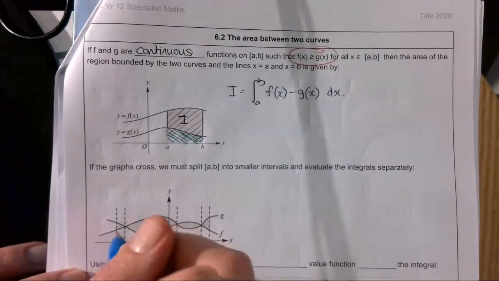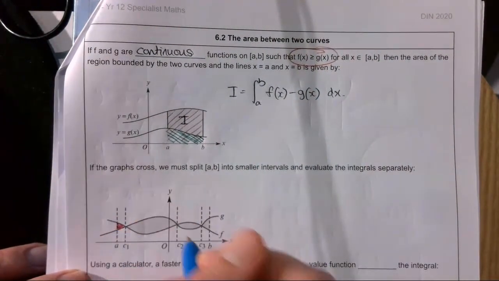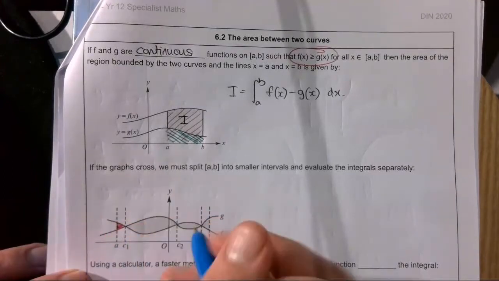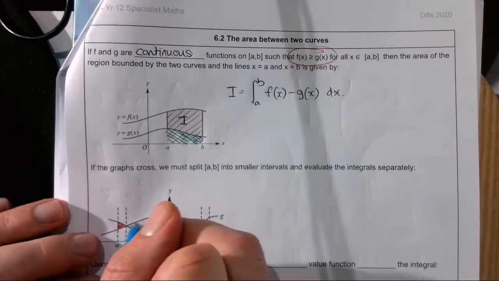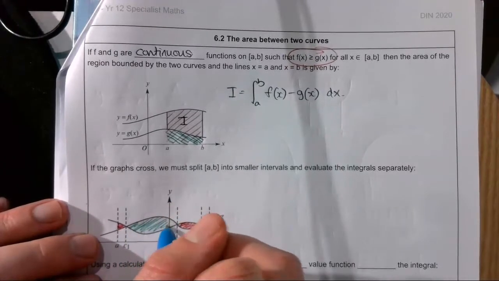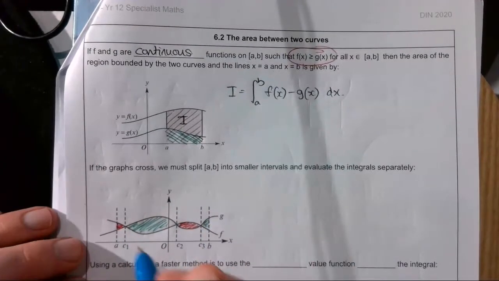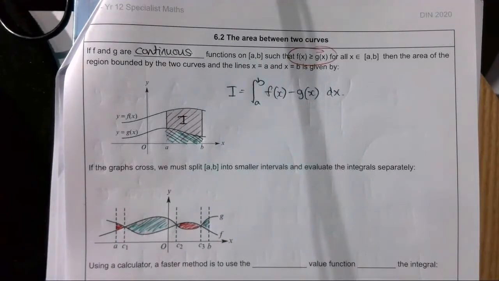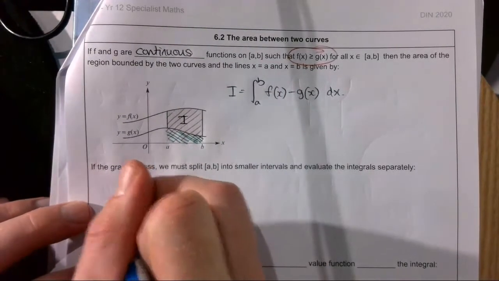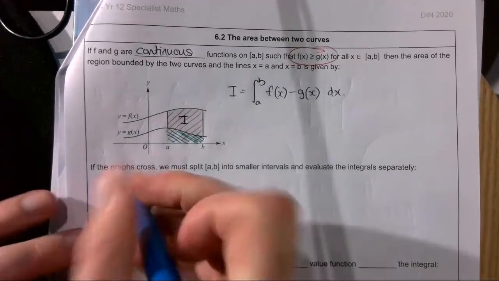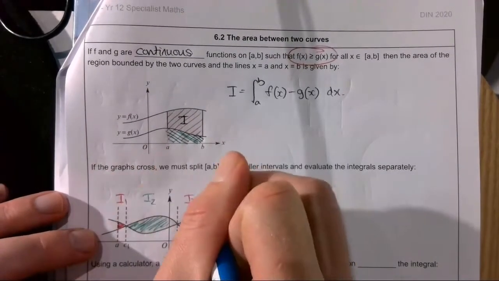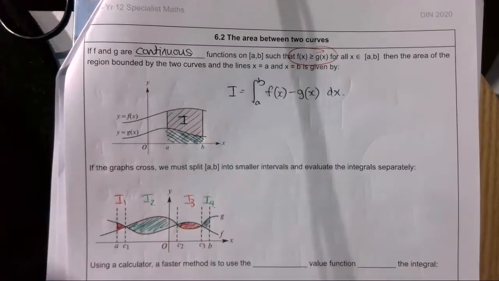We've got to be a little bit careful though when the curves cross, because then we've got to pay careful attention to which one is on top. So, just color coding here. Where I've got red, I call these I1 and I3, and I call the green ones I2 and I4.